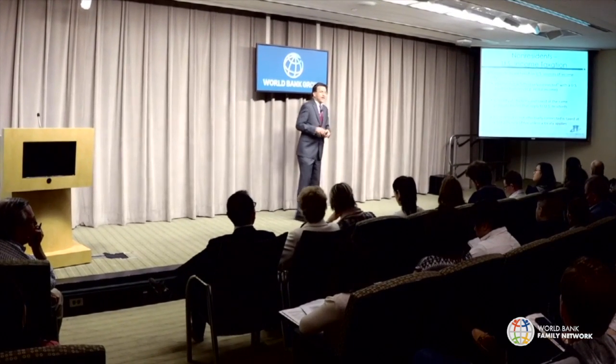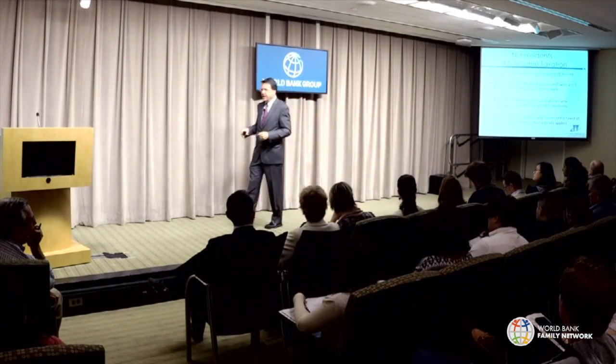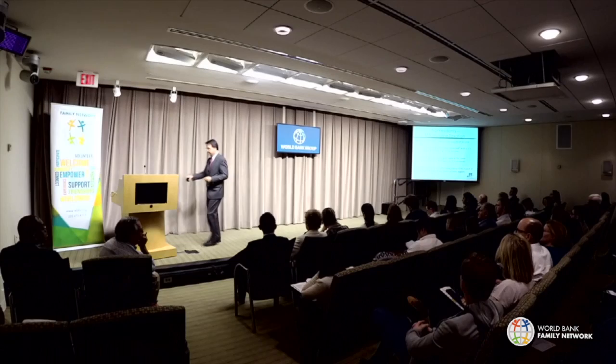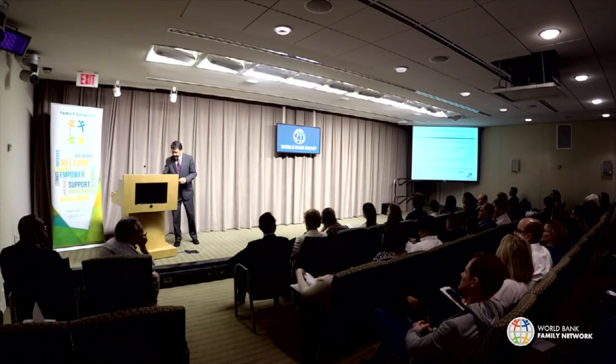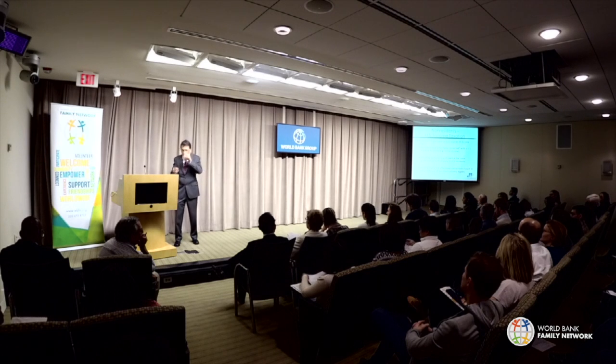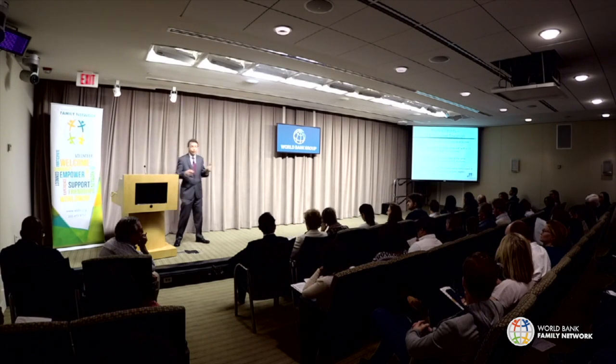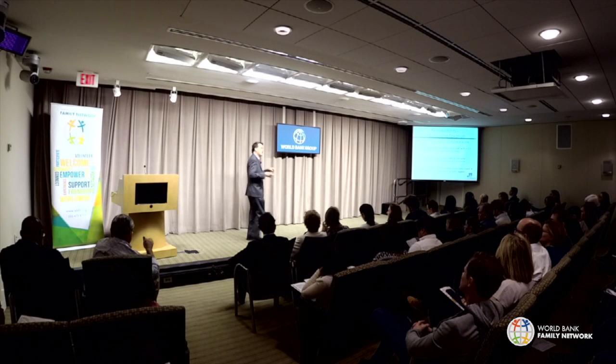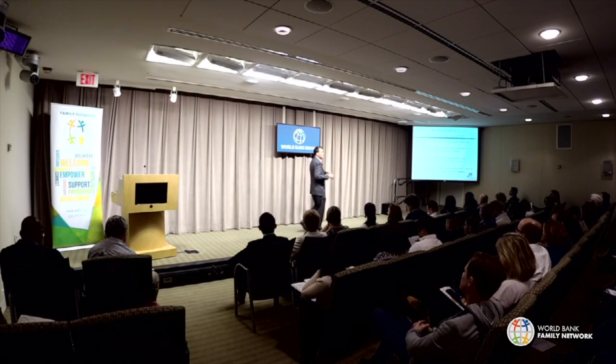All right, so there are two ways in which non-residents of the U.S. can be taxed. But before I talk about the ways that non-residents are taxed, let me talk about the ways that you're not taxed.